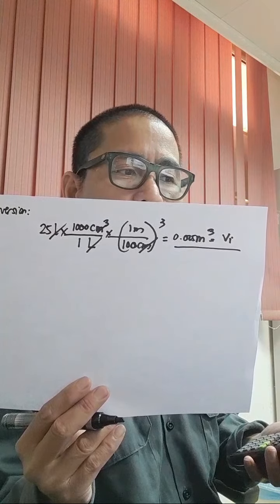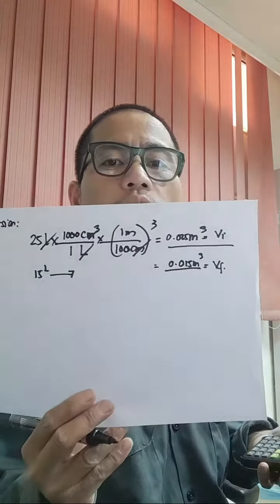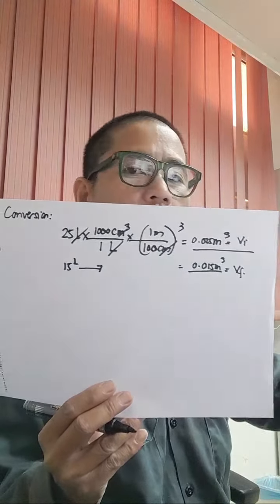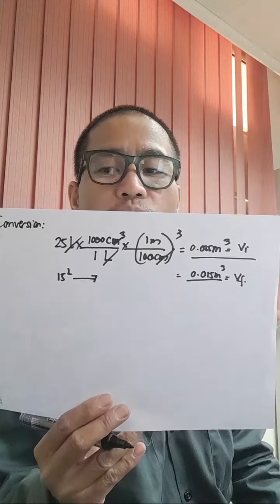Our final volume is 15 liters, so this is 15 times 0.001, which gives 0.015 cubic meter. The same process as how we converted 25 liters.